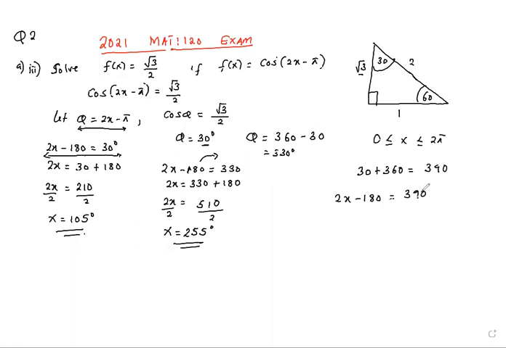So take it to the other side, you get 2x is equal to 390 plus 180, which is 570.